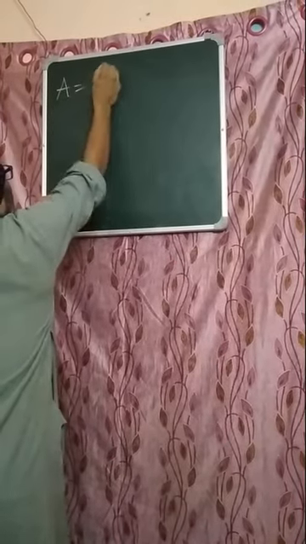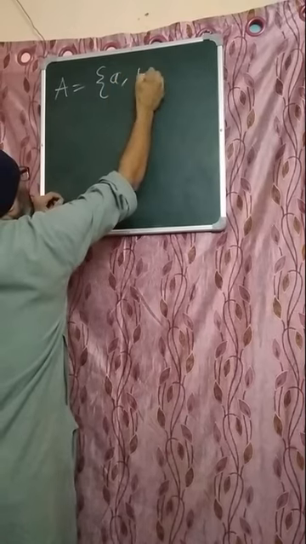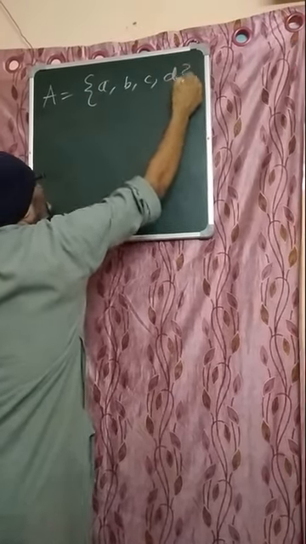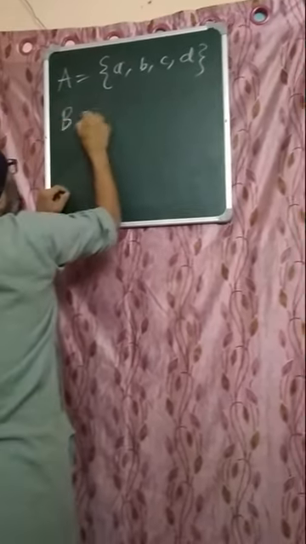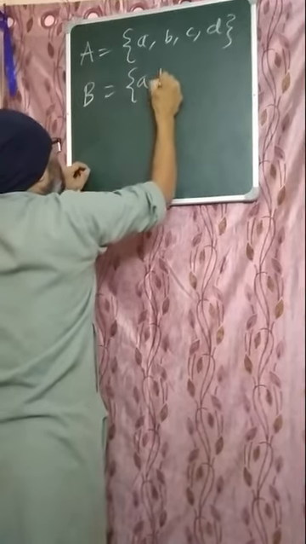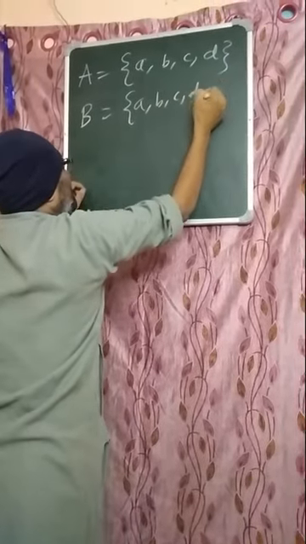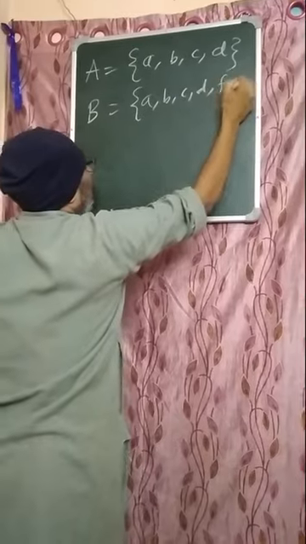Suppose there are given two sets. For example, set A is equal to {a, b, c, d}, and set B is {a, b, c, d, f, g}.